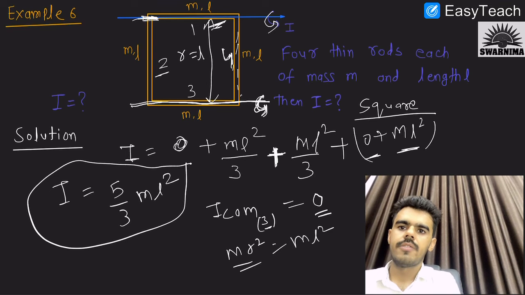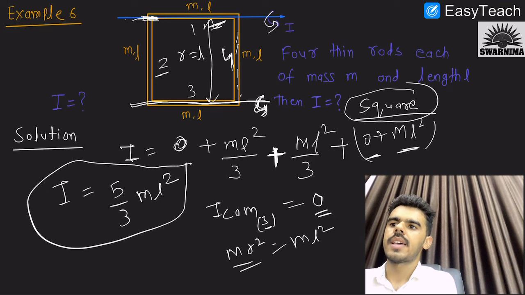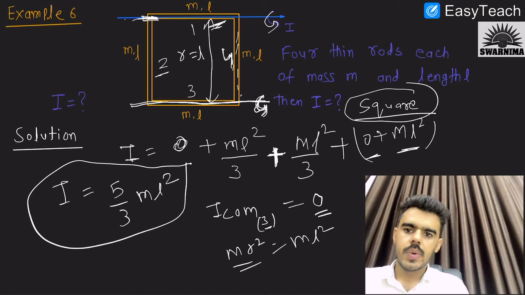Next example: 4 thin rods, each of mass m and length l, form a square. Then what is the moment of inertia I about this axis? So I is equal to, first we talk, this is rod number 1, this is rod number 2, this is rod number 3, and this is rod number 4.